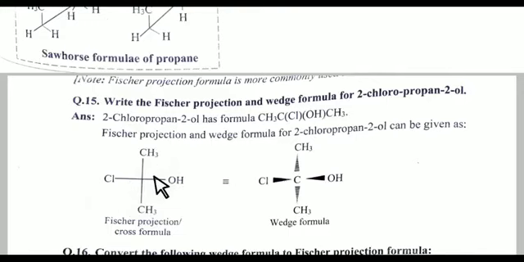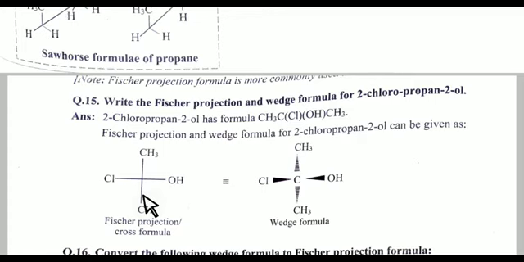By convention, the horizontal line of the cross represents the bond projecting up from the carbon, and the vertical line represents the bond going below the carbon. So it is nothing but a Fischer projection formula.